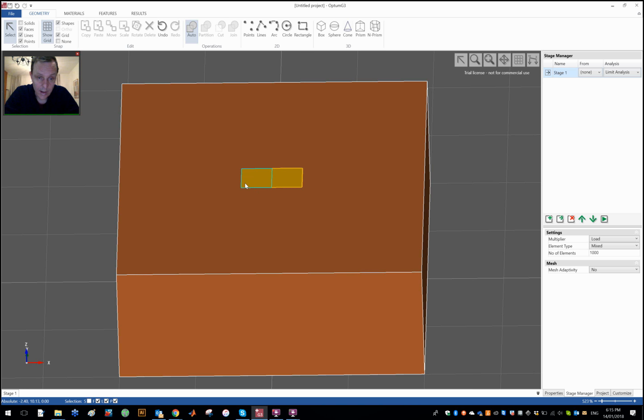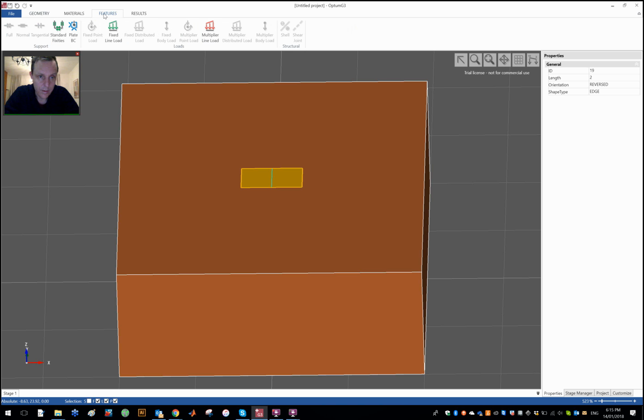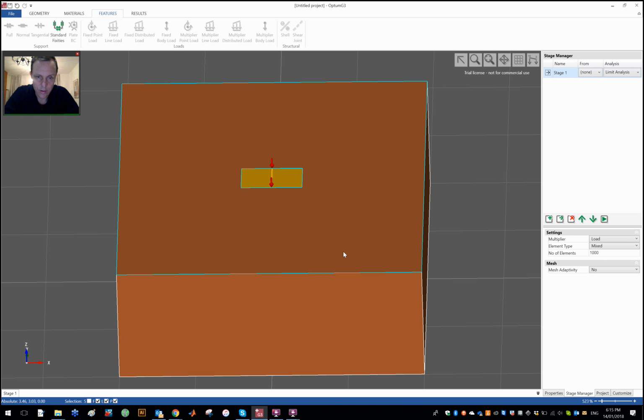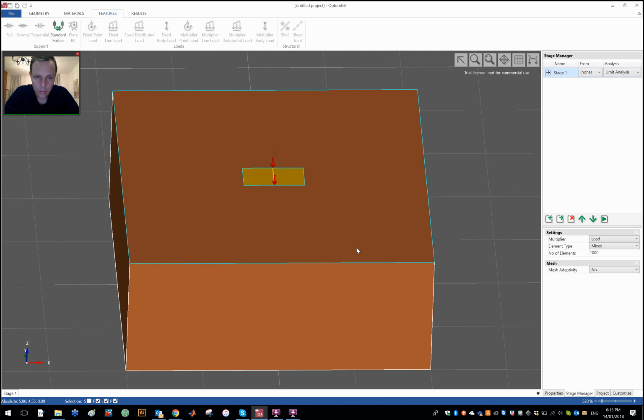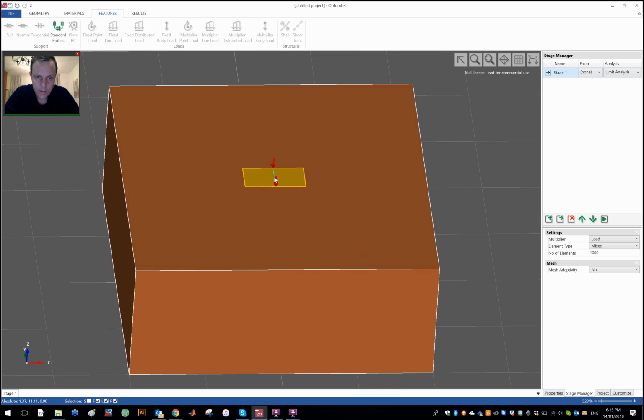Applying load could be done by drawing a line here as well and then applying a point load at the center. Or what I'm going to do here is simply use a line load to represent, say, a vertical load. It could also be a horizontal load, but let's just say a vertical load like that. Obviously this is 2 meters.